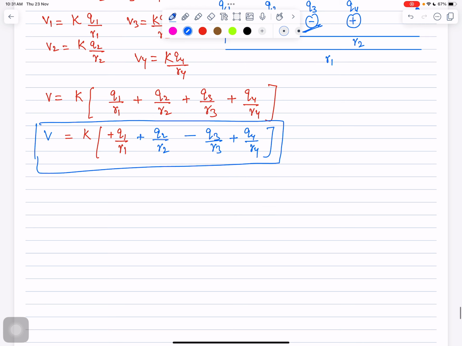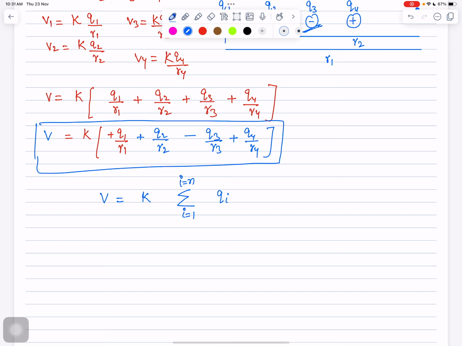But now, what is the equation that you need to understand? If I conclude this, V equals K times the summation. I write summation, i equal to 1 to i equal to n. Let's say these are 4 cases, so you need to take 1 to 4.